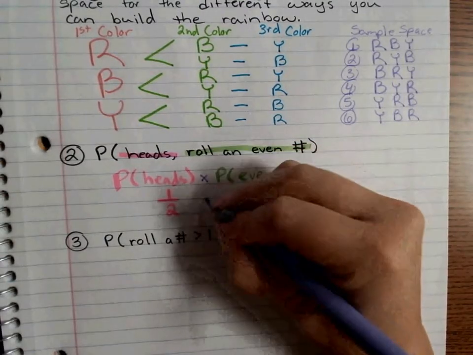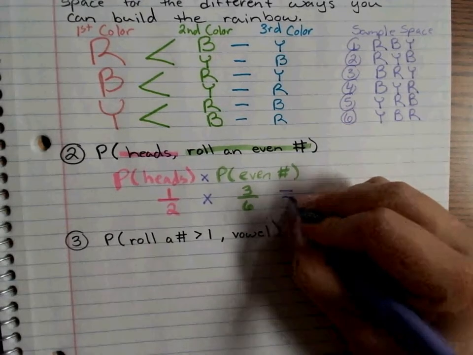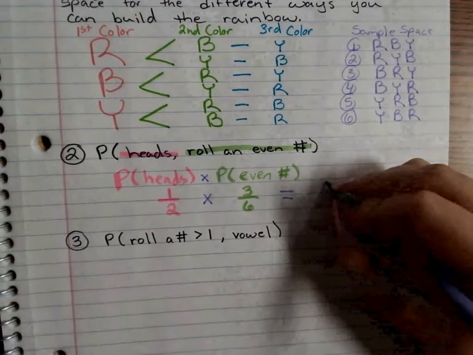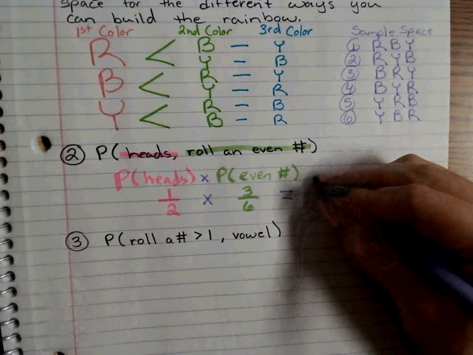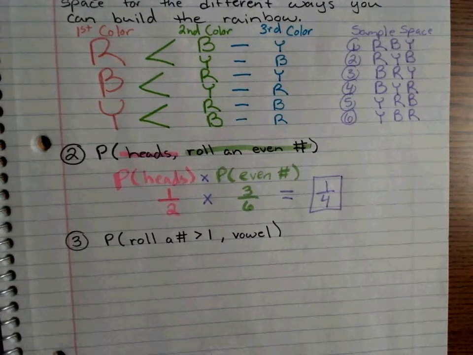And remember, your calculator will simplify it for you. Use those calculators, okay? 1/2 times 3/6 is going to give you 1/4. So your final answer is 1/4 of the time you'll get heads and an even number.